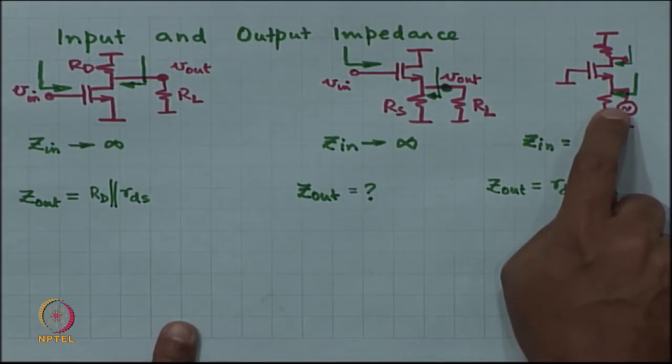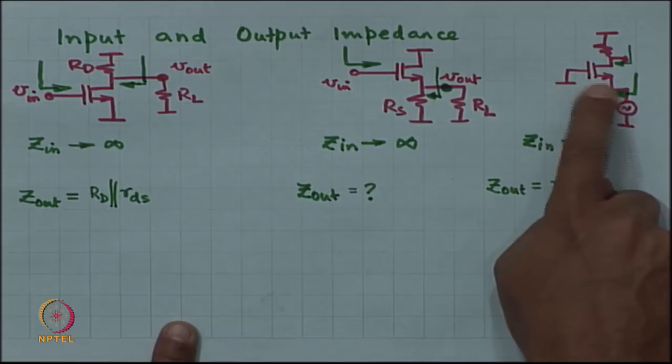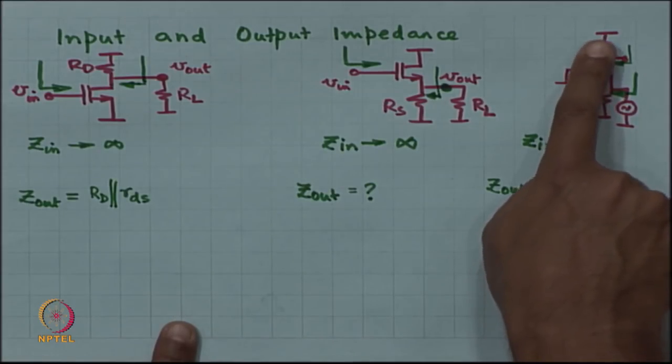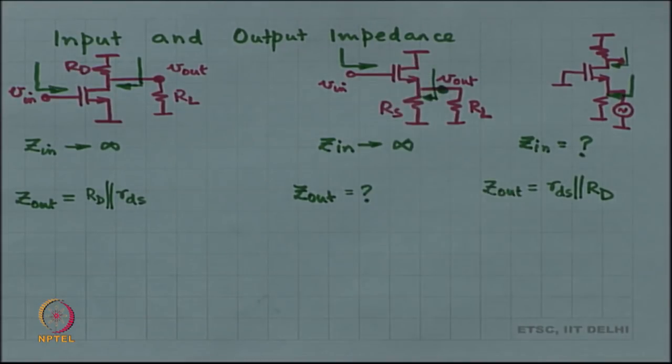In this case you are looking into the source, source has R S to ground, gate is at ground, but then the drain has R D to ground. So, there is a slight difference between the two, but nevertheless they are similar, right. In this case R D happens to be 0, okay, just because we do not need it.